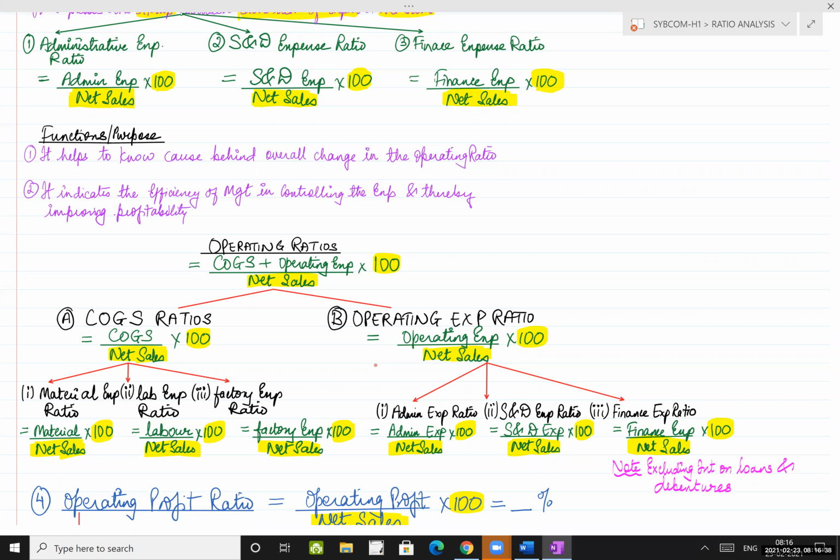And in COGS also there is further classification. What does COGS include? Material, labor, and manufacturing expense, that is factory related expenses. Accordingly, your numerator will keep changing, but your denominator everywhere is net sales.